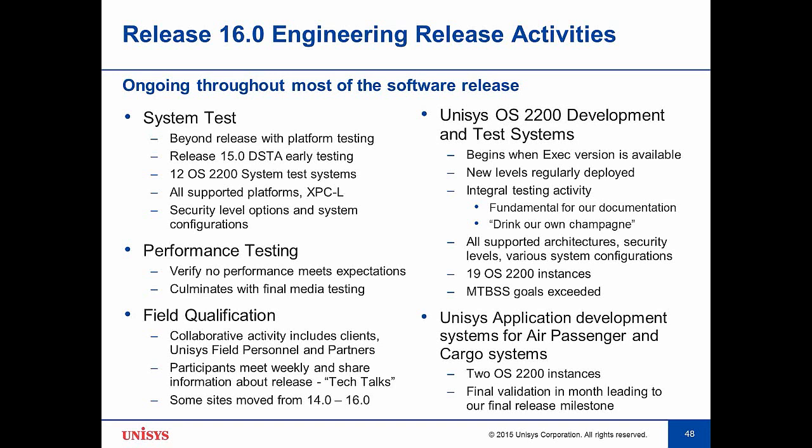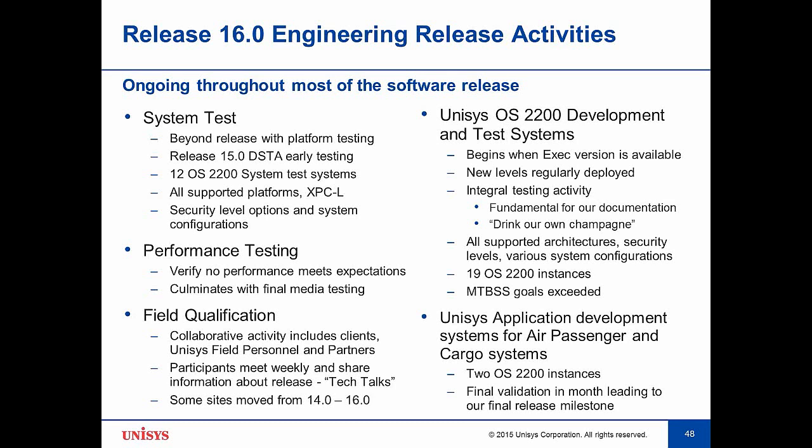So our compiler team and our database team and our other development teams are using these software candidate releases in the day-to-day work that they're conducting. We are using our own software. We are proving its reliability and stability.